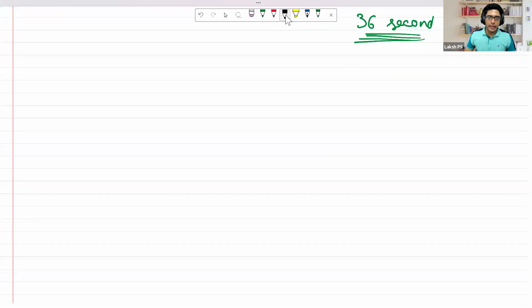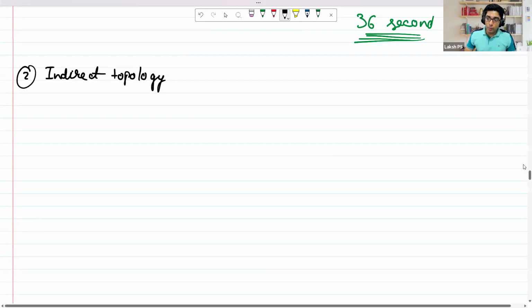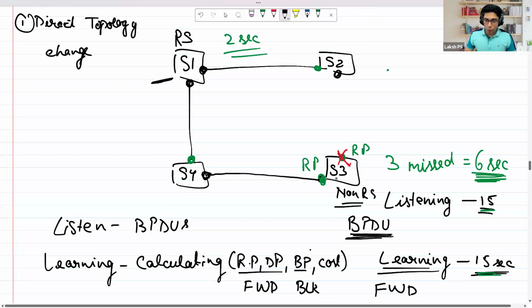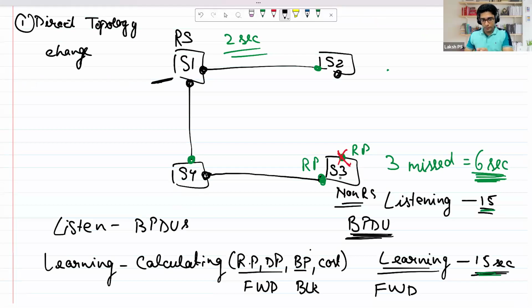This was direct topology change. Now, what could happen in indirect topology change? Direct topology change meaning there is a problem with the interface on switch number 3, where you have a block port.